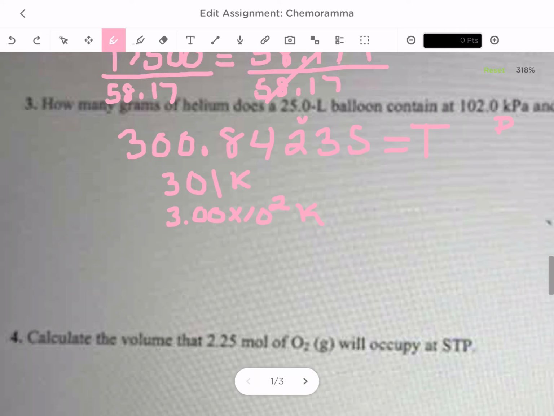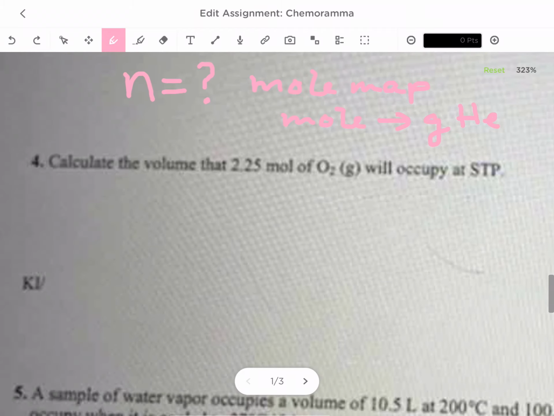So what you need to do is solve for N, which is the number of moles, and then use your mole map to convert your moles to grams. And it says of helium. So you're literally going to take whatever moles you get from this problem and then convert it to grams.